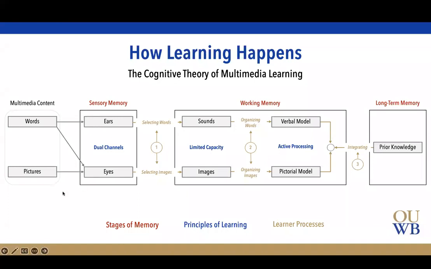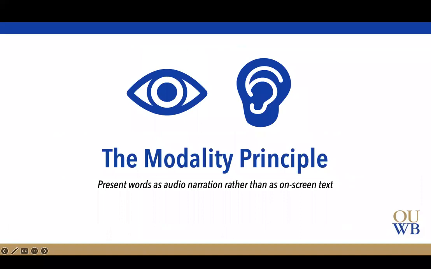And when words are paired with pictures or images or some other visual media, like a video or an animation, essentially what the modality principle is saying is that when you're presenting words as on-screen text in tandem with other visual stimuli, you're risking overloading the visual channel with a greater amount of cognitive processing than can be processed through the visual cortex.